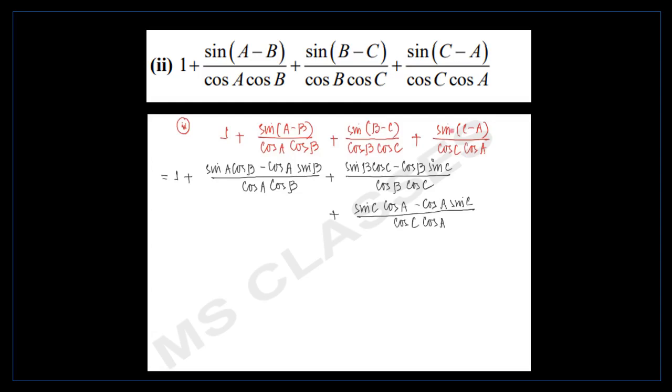After the formula, sin(c − a) is sin c cos a − cos a sin c. Now very simple, we'll divide each term by the denominator.